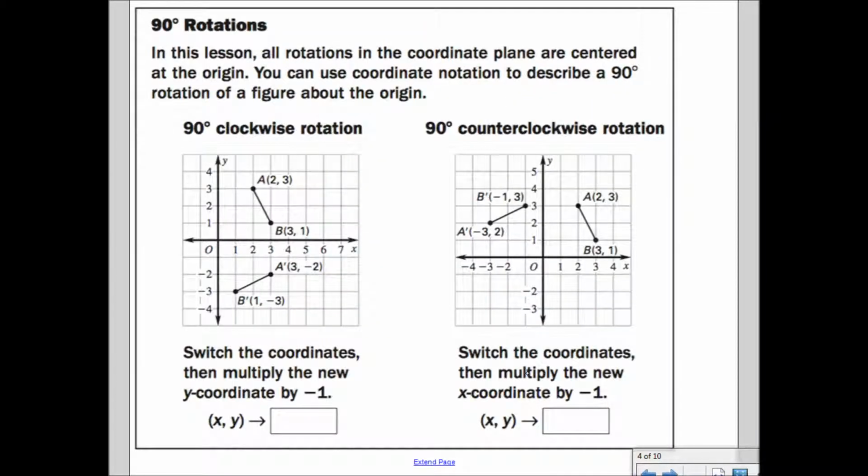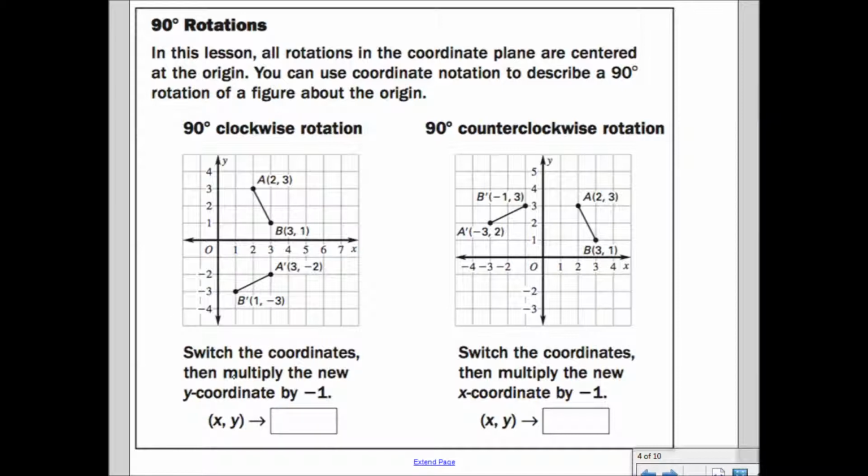90-degree rotations. In this lesson, all rotations in the coordinate plane are centered at the origin. You can use coordinate notation to describe a 90-degree rotation of a figure about the origin. For a 90-degree clockwise rotation, clockwise means that we are going around like we are going on a clock.